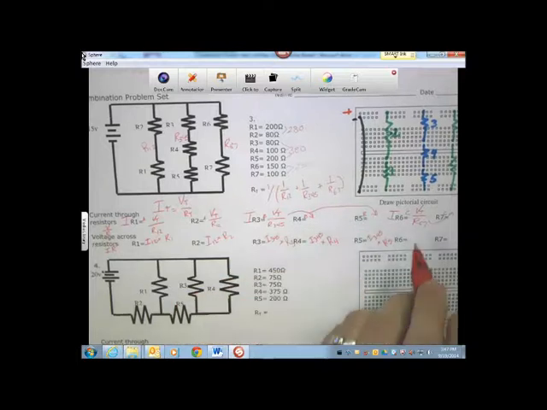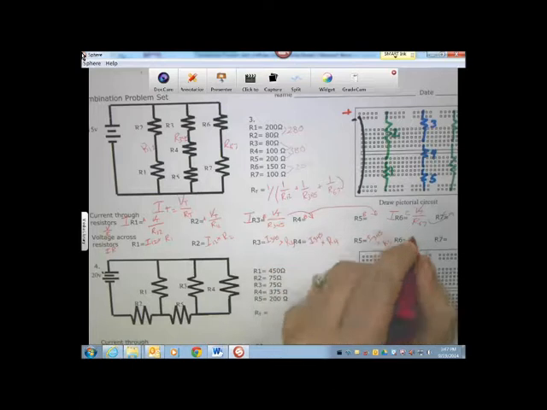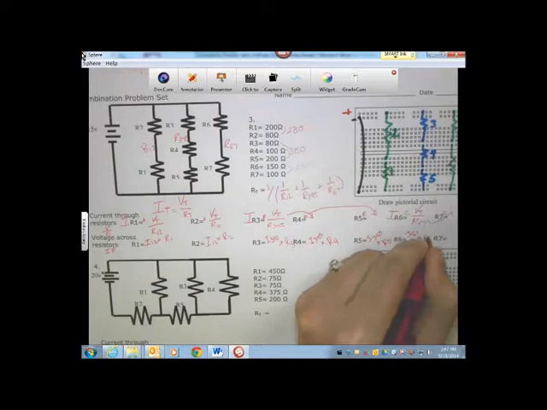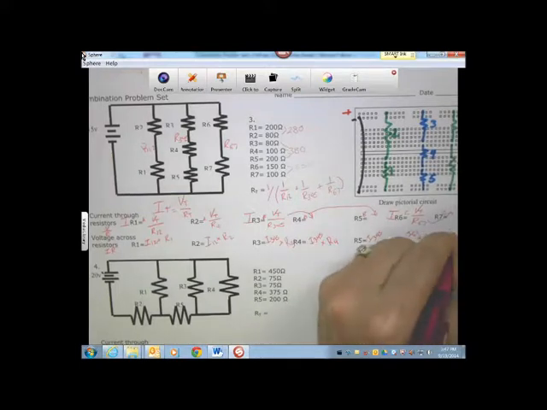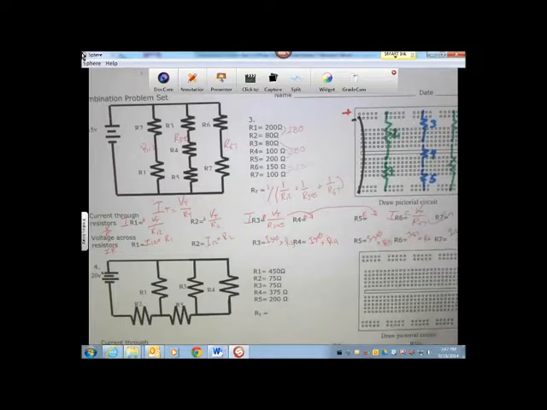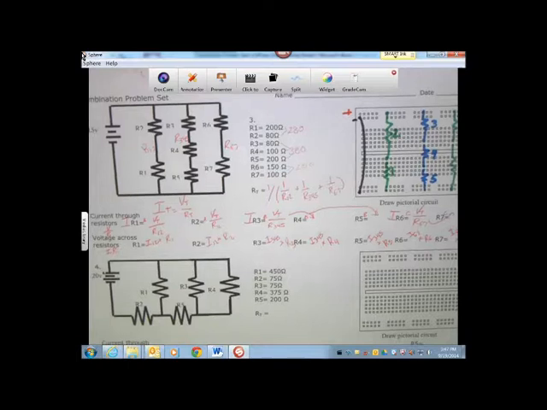R6 and 7 is going to use the current from 6 and 7. And so it is I6, 7 times R6. I6, 7 times R7. And if you had the current values, you could just go in and plug all those in on your TI calculator and just keep reusing the equation and changing the R value pretty simply.